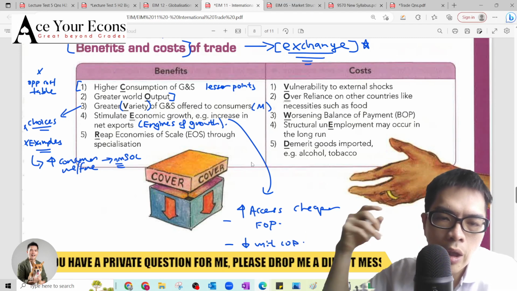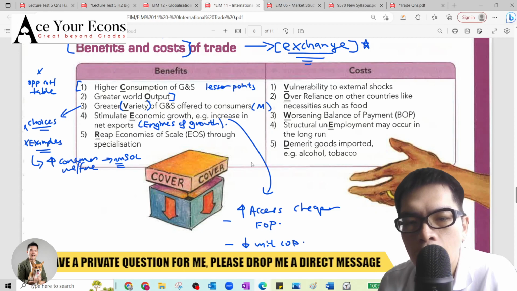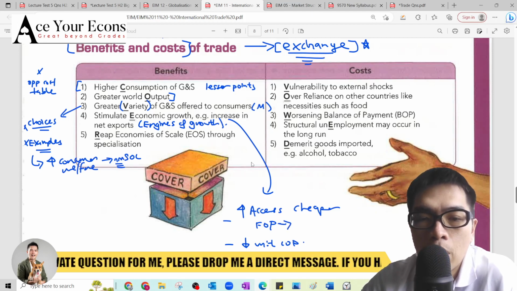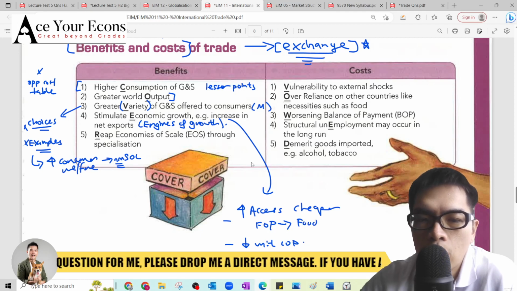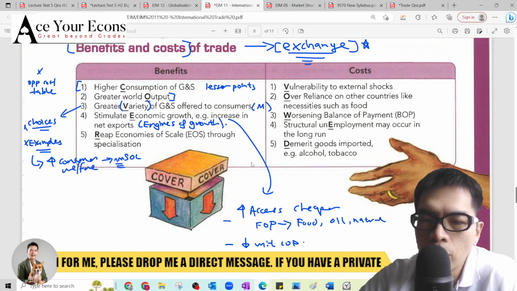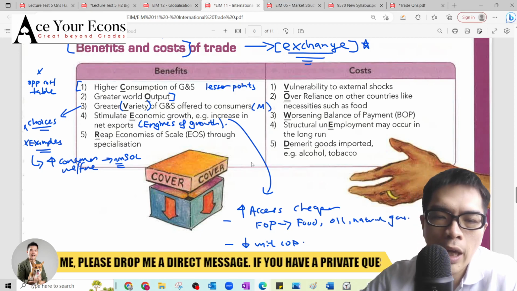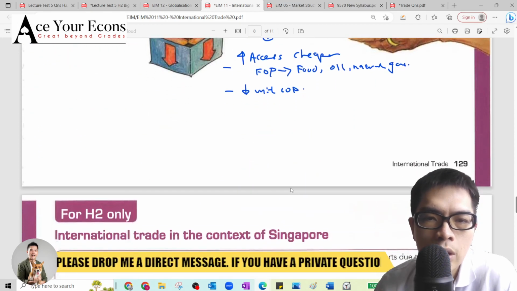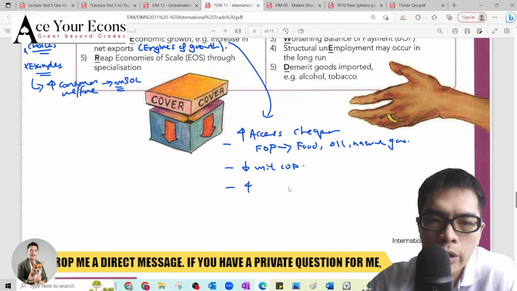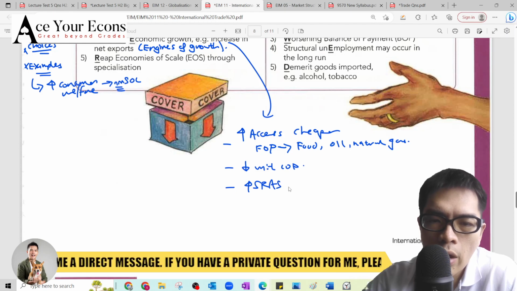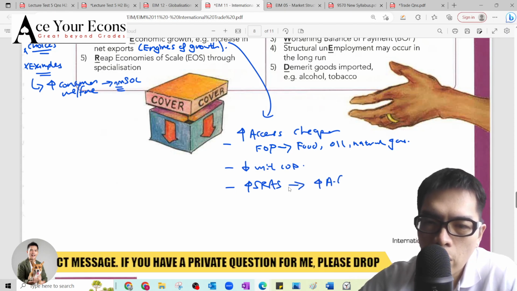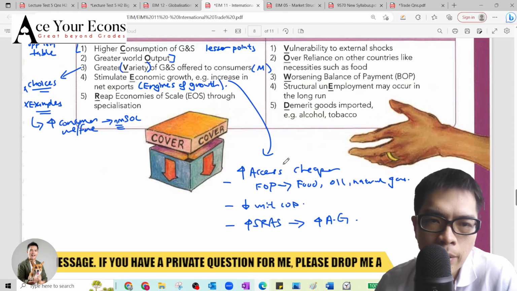When you buy cheaper FOP from other countries, what are FOP? For Singapore, FOP will probably be things such as food, oil, natural gas, etc. Only with trade may you have cheaper access to all this. And you can illustrate this as an increase in your SRAS, and this may potentially lead to actual growth.